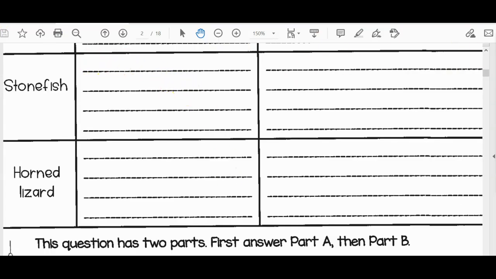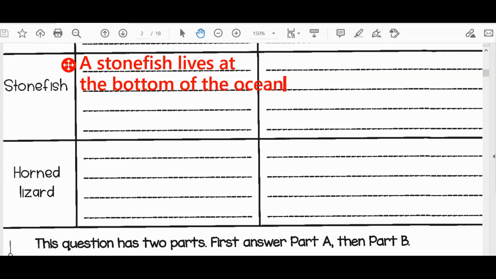So you could say a stonefish lives at the bottom of the ocean. Great.